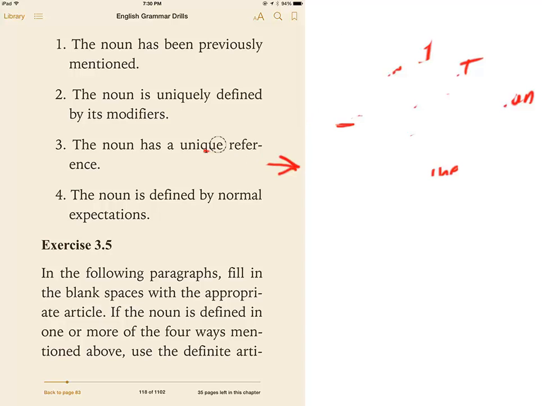So those are 3 ways that nouns can be uniquely identified or defined. The other one is a little more difficult to explain because it doesn't always make sense. We say normal expectations.